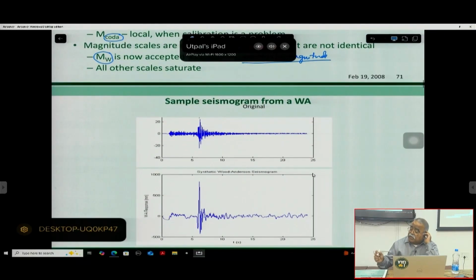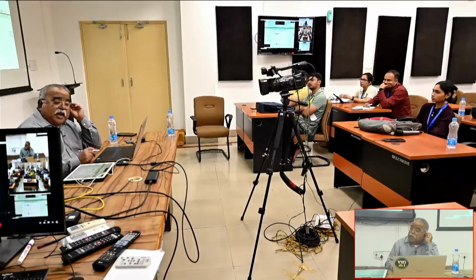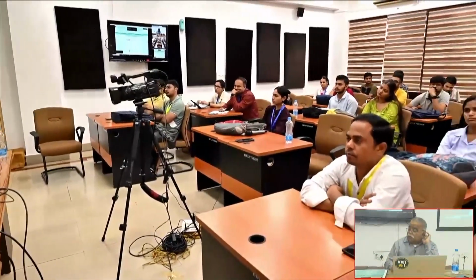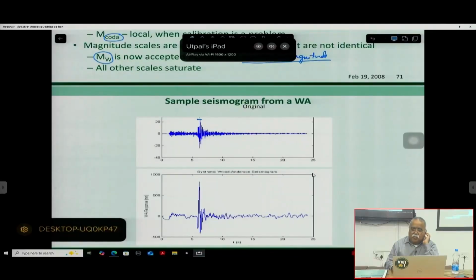Okay. Now let's say you have a seismometer in your observatory that has recorded a response in an earthquake. That's fine, but from here you cannot take the amplitude values and calculate the magnitude or the ML value directly. What you need to do is convert it to a Wood-Anderson seismic response.